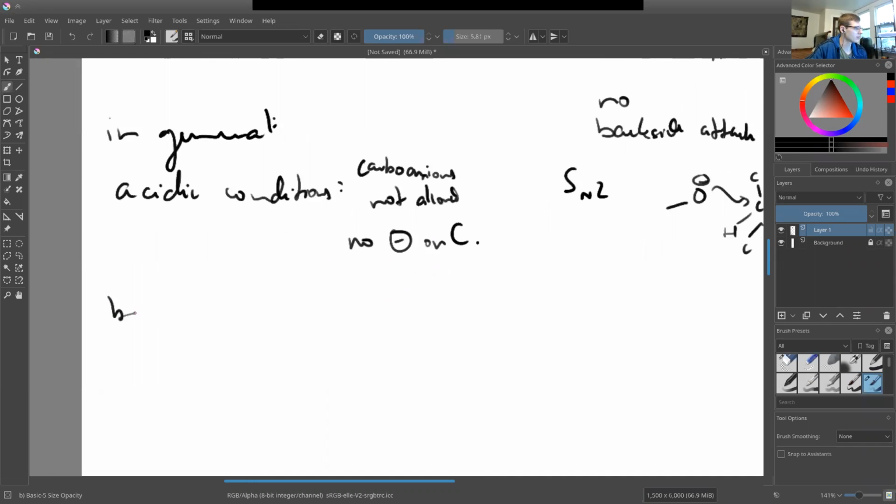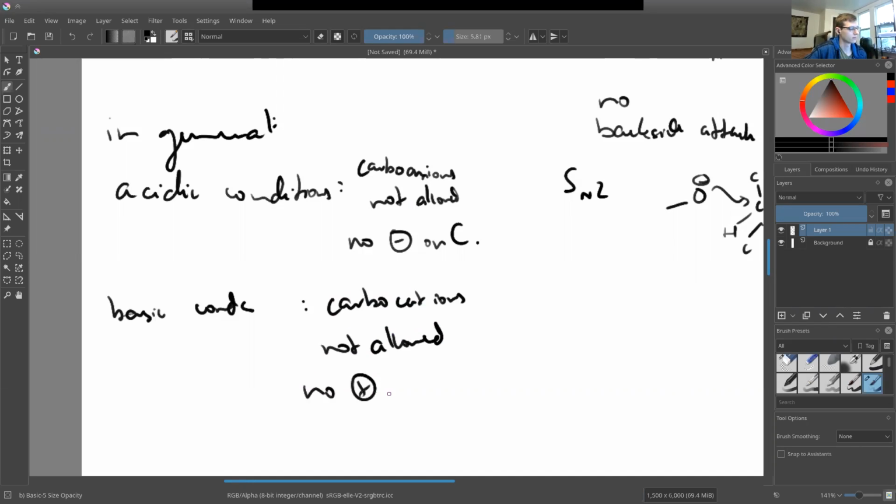If you have basic conditions, well, then you can't have carbocations because it'll just pull one of the hydrogens off. Yeah, so carbanions and carbocations.